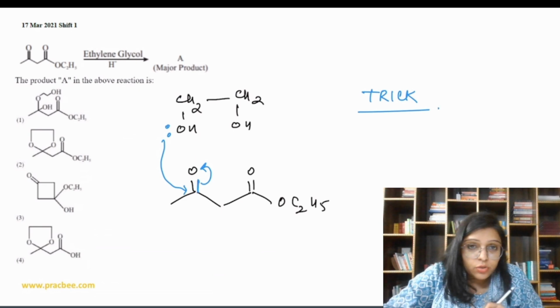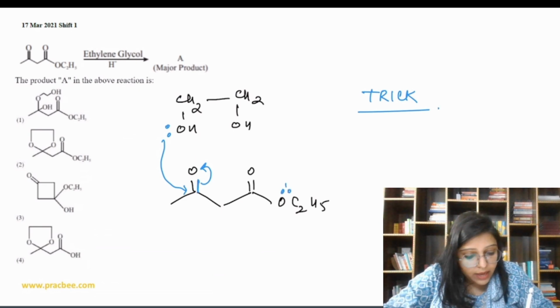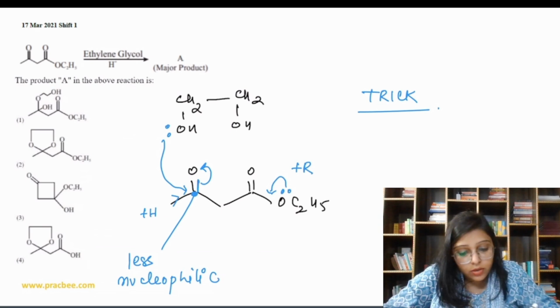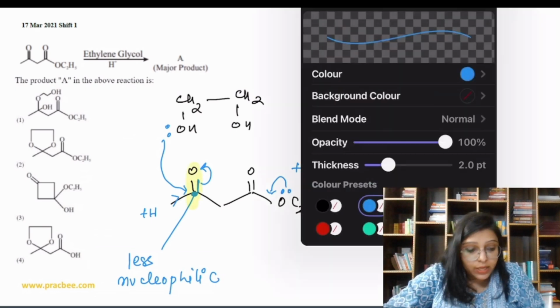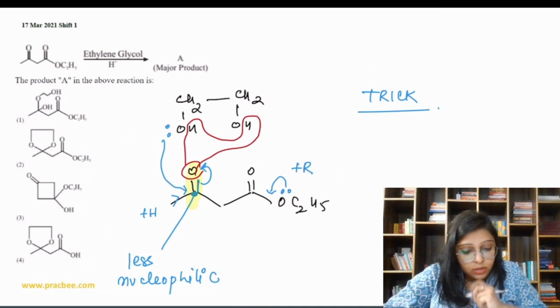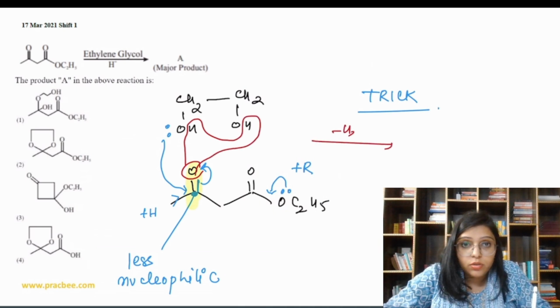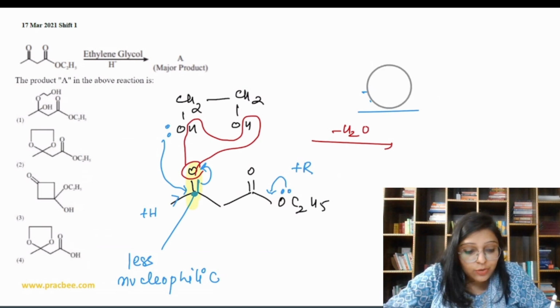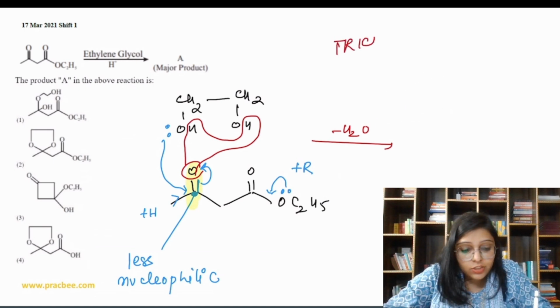Here we have plus R and here we have plus H, so this carbon is less nucleophilic. So nucleophilic addition will be over here. The trick is you have to remove oxygen and hydrogen and hydrogen. Just remove water.